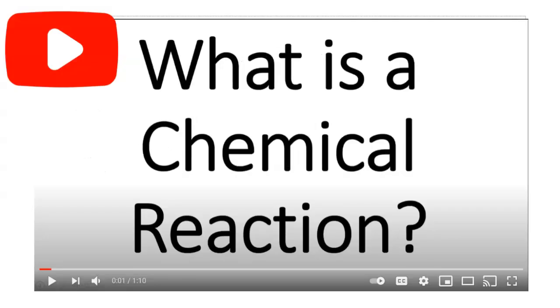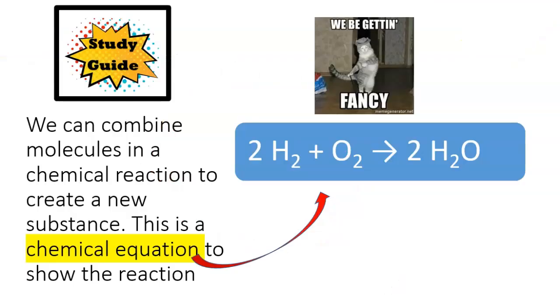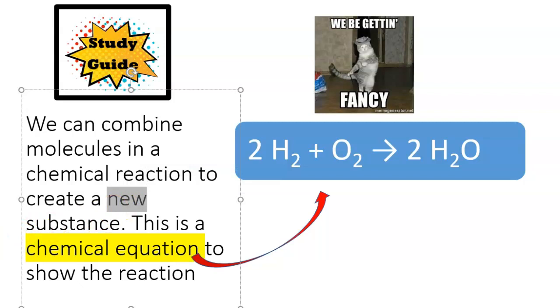Okay, so chemical reactions are what is formed when we combine two different chemicals and we create a new substance with totally different properties. Let's take a look at study guide answer number 1. All right, so we can combine molecules into a chemical reaction to create what we call a brand new substance.